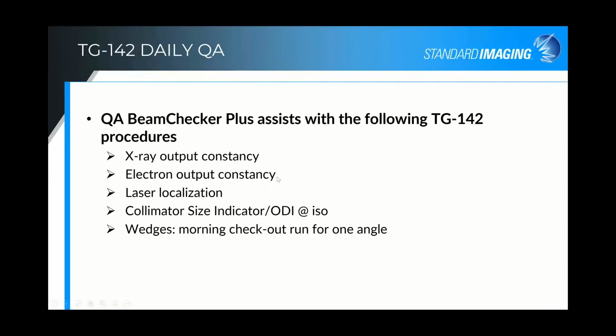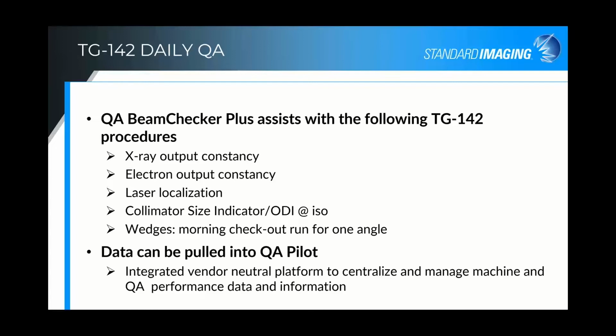So, our BeamChecker Plus assists with the TG 142 task group recommendations, including X-ray output, electron output constancy, laser accuracy, collimator size, as well as wedges for doing your checks of, like I mentioned, those beam modifiers.